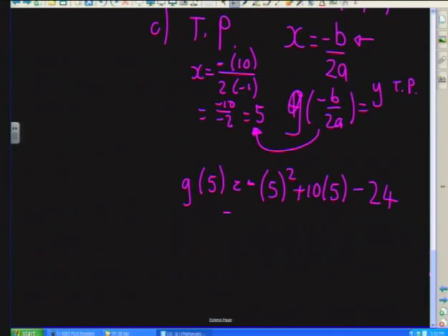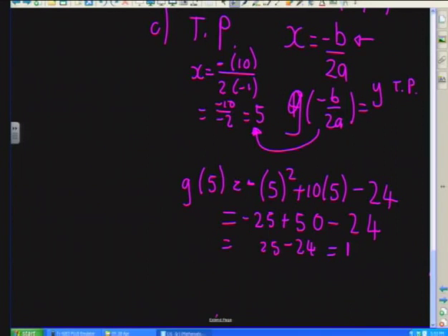All of this you can put straight into your calculator. So we've got minus 25 plus 50 minus 24. We should get an answer of 1. 50 minus 25 is 25, and 25 minus 24 is 1.